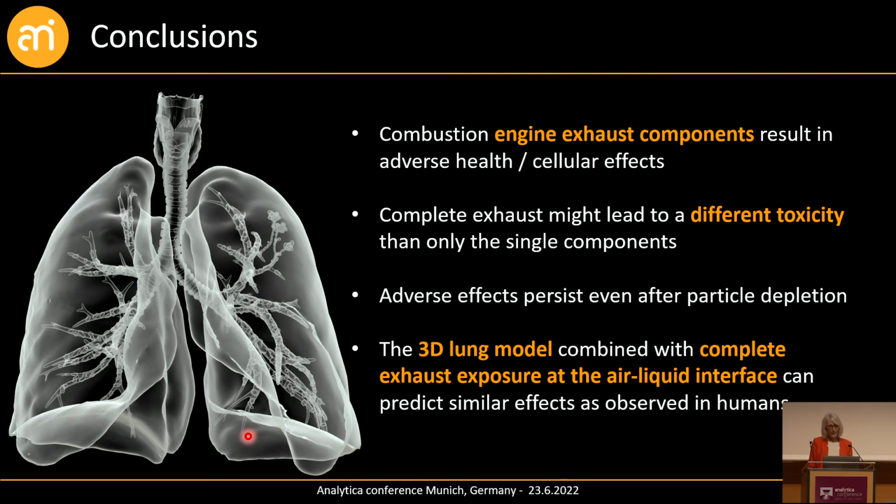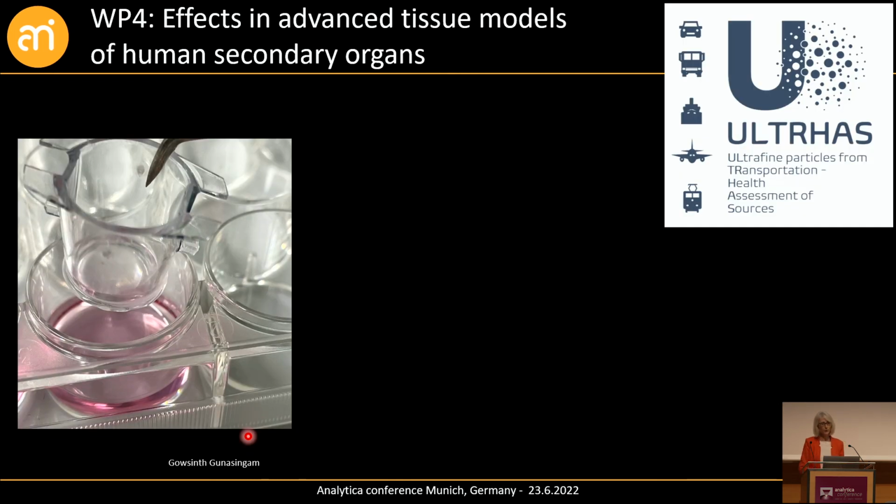And what we try now with these lung cell models, it's not exactly the same, but a similar one in ultras, just to give you a short outlook. So we will look into the translocated fraction of the exhaust.